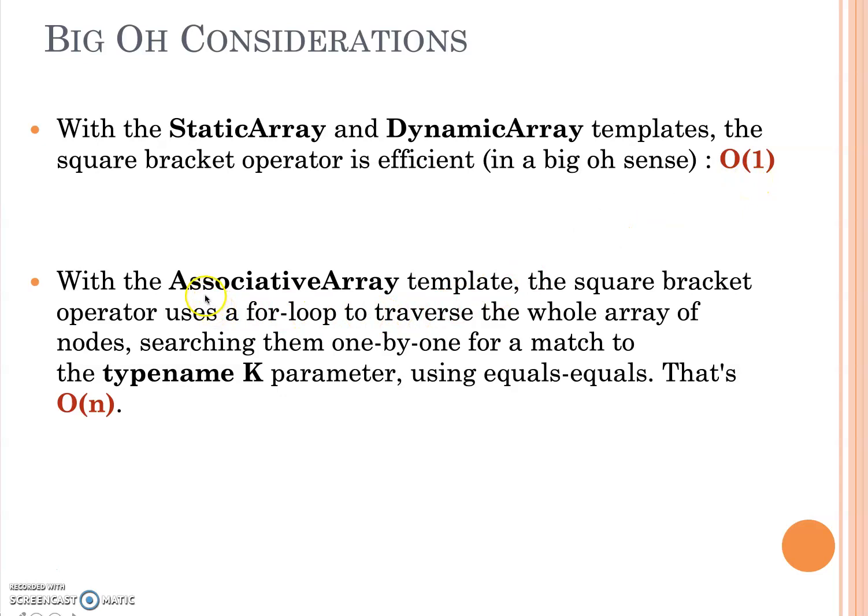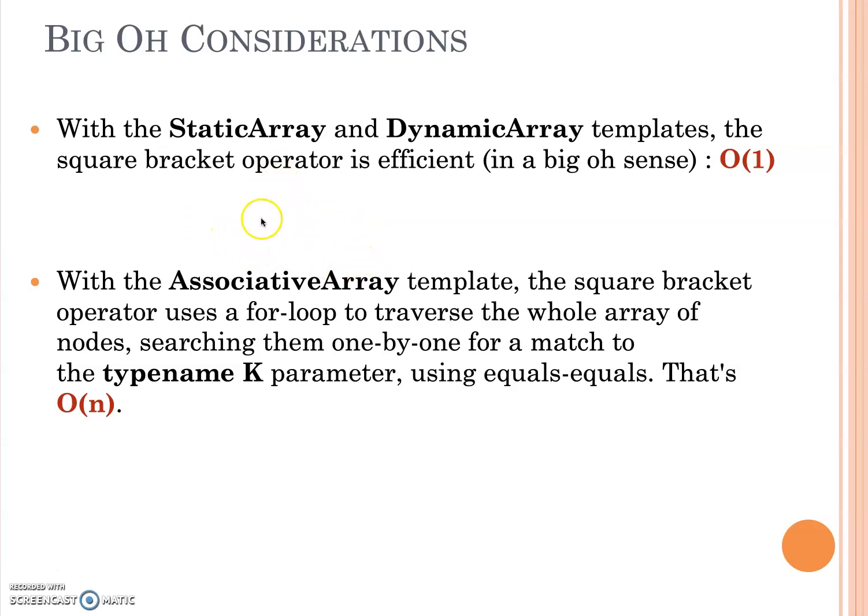But how about our associative array? Do you remember your associative array's square bracket getter and setter function? We still have that, but instead of passing by index, we pass by the key.